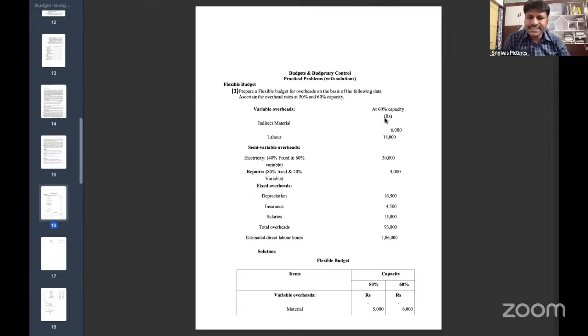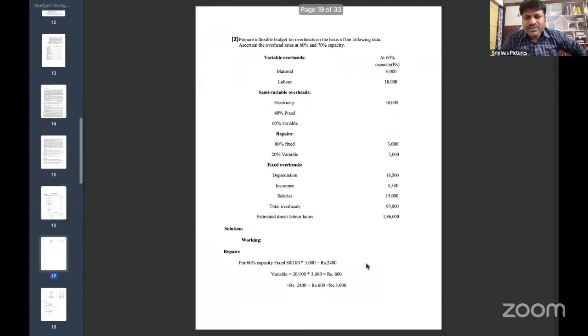So for 60%, it is 600, then for 50% it is 500. So that will change, and as 2,400 is fixed, plus 500, 2,900 will come. So only these variable and semi-variable items we have to work out. The fixed overheads are common for all, whatever capacity they give. I will show that.